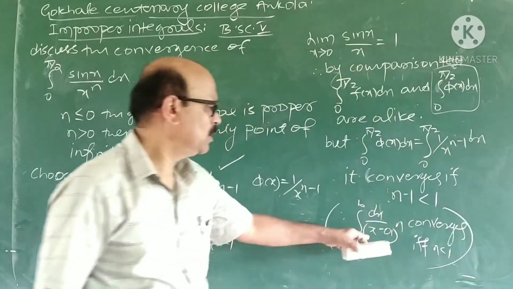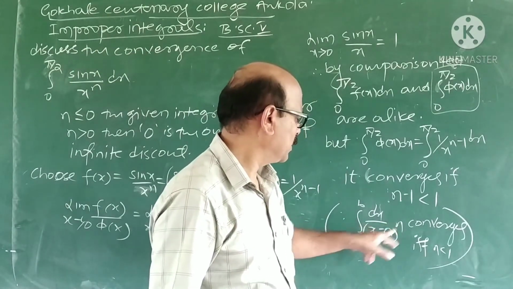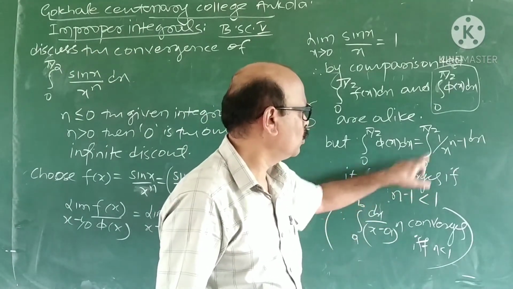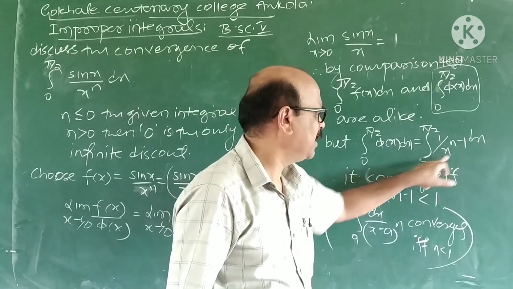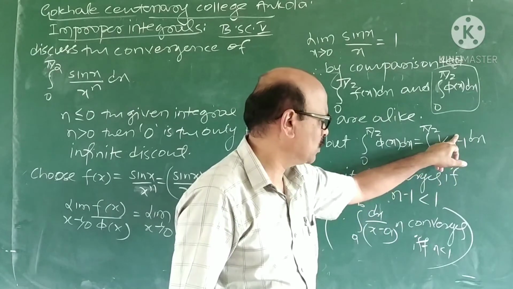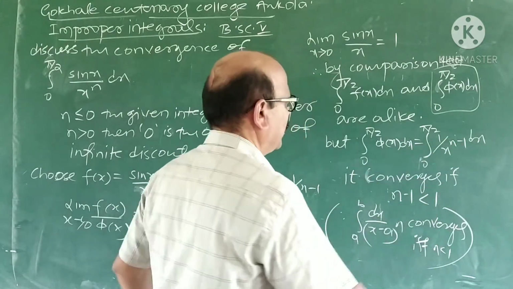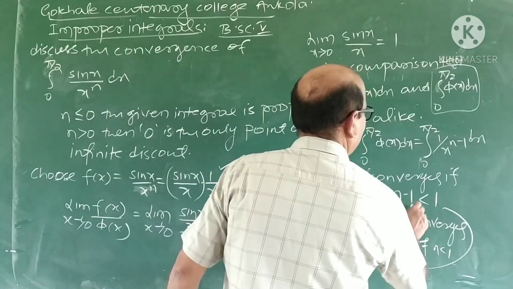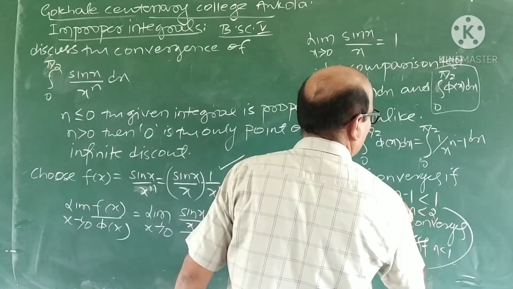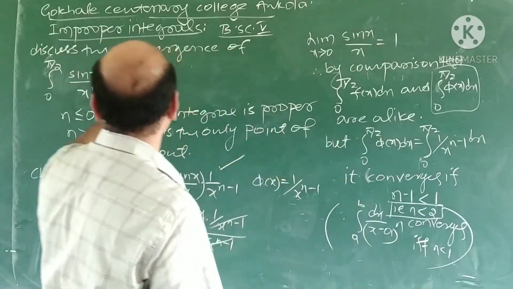We have to use this test. Now, is it of this form, dx by (x minus a) raised to n? Yes, a to b means 0 to pi by 2, 1 upon x minus 0 here, raised to n minus 1. So, it converges when n minus 1 is less than 1, that is, n is less than 2. When n is less than 2, this phi(x) converges.